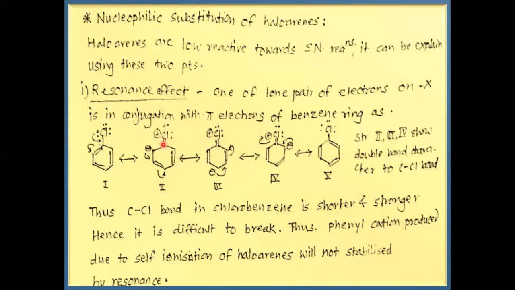So double bonds are very short bonds, and shorter bonds are very strong. So it is difficult to break this CCl bond, and hence the phenyl cation produced due to self-ionization of haloarenes will not be stabilized by resonance.